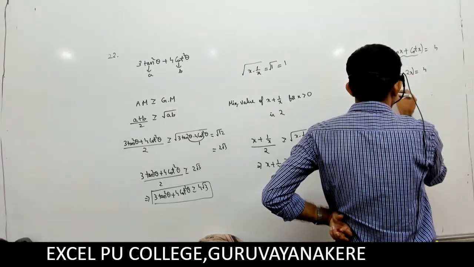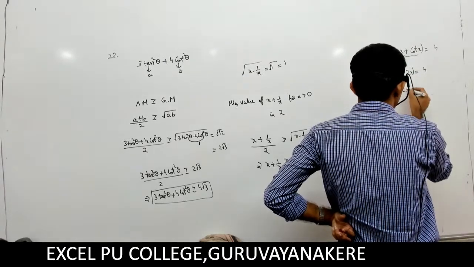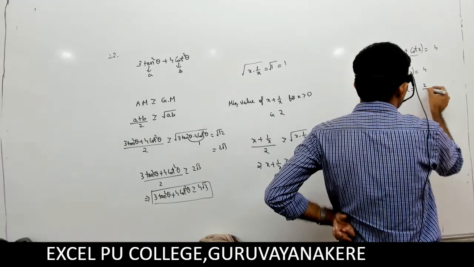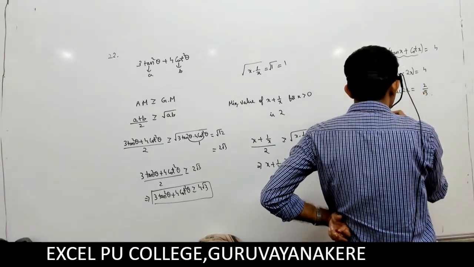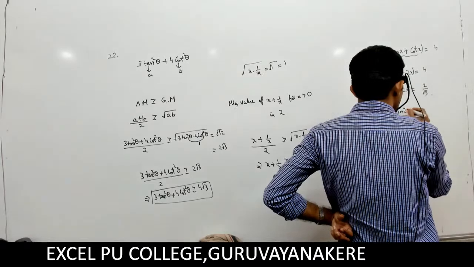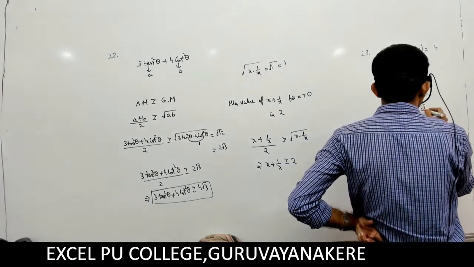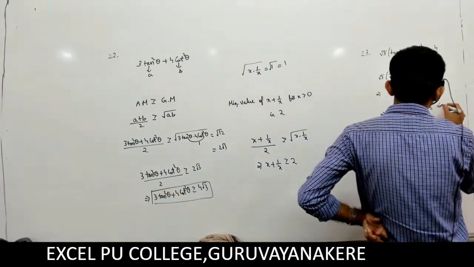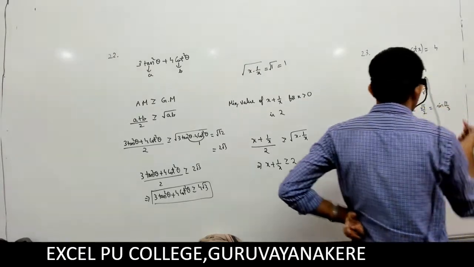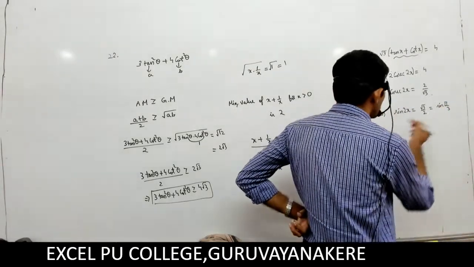So what you get is cosecant 2x is equal to 4 by 2 root 3 or you get 2 by root 3. Take reciprocal on both sides. Reciprocal of cosec is sine. Sine 2x equal to root 3 by 2. Root 3 by 2 is sine pi by 3. Correct? So 2x equal to pi by 3.